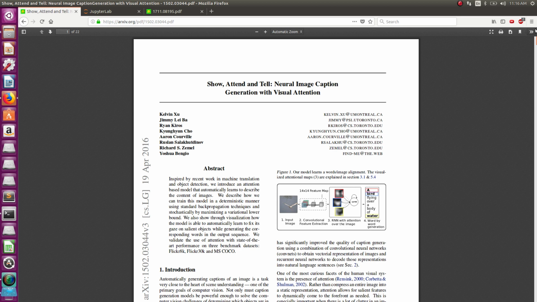So ideally this encoding that it extracts contains all this important information, and the decoder takes this encoding generated by the encoder and then generates a sentence from it.